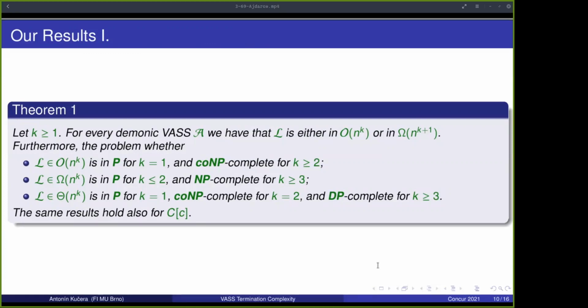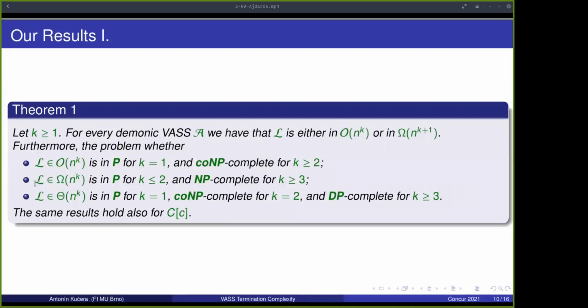For demonic VAS, we refute the conjecture of Florian Zuleger and show that for a general demonic VAS, which is not necessarily strongly connected, we have the following. The problem whether the termination complexity is asymptotically bounded by n to the k is solvable in polynomial time for k equal to 1, and for larger k, at least 2, the problem is co-NP complete.